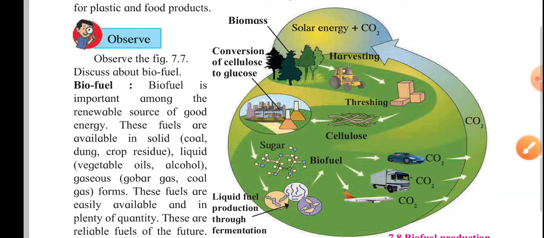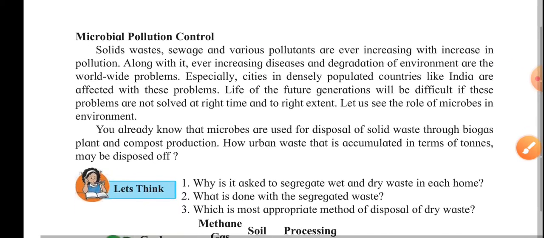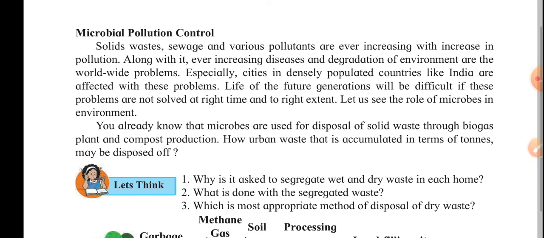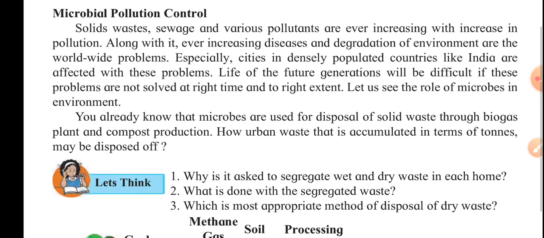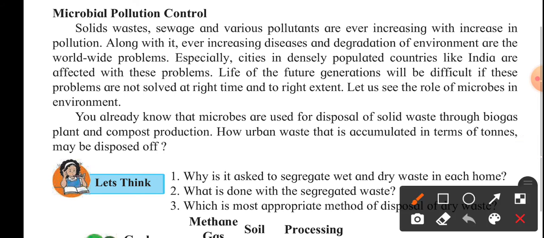Further, next what we have to discuss is microbial pollution control. Microbial pollution control is one of the most important things we have to study. The solid waste, sewage, and various pollutants are ever increasing with increase in pollution. Along with it, increasing diseases and degradation of the environment are worldwide problems.